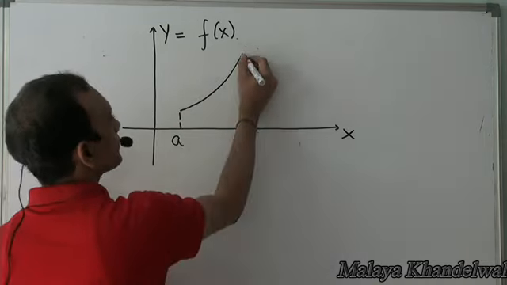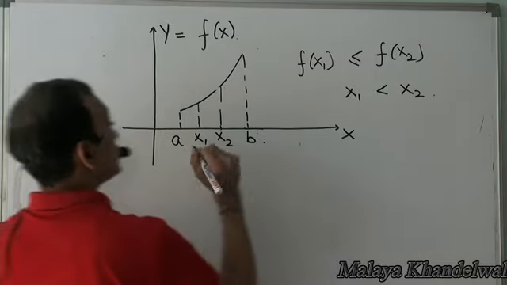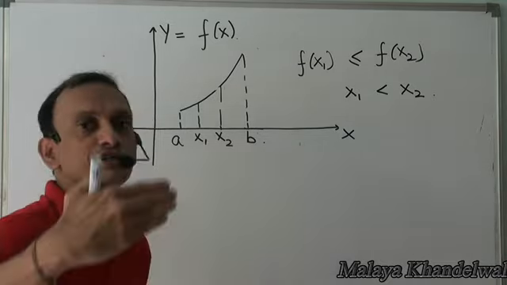And when this happens, the function is said to be monotonically increasing. In fact, equality of the function at two or more points is an acceptable fact for monotonicity.